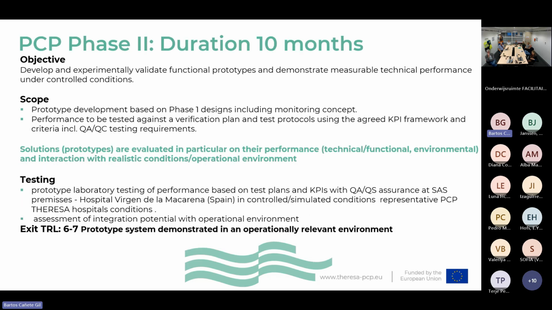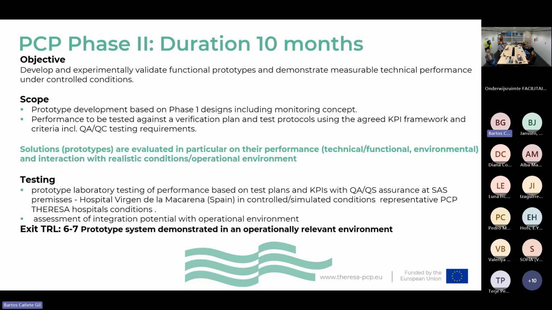Concerning PCP phase 2, the expected duration for this phase is 10 months. The objective here is to develop and experimentally validate the functional prototypes and to demonstrate the measurable technical performance under controlled conditions.